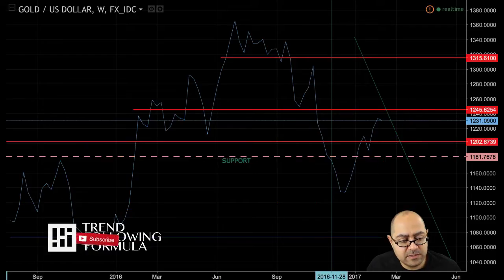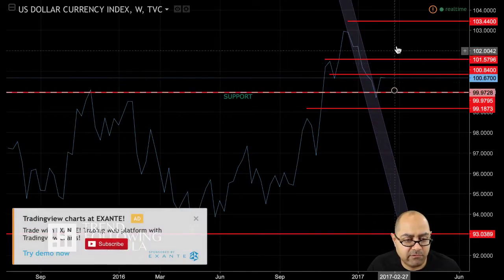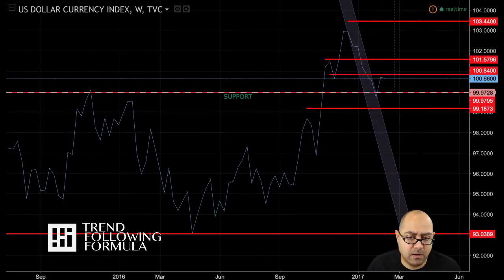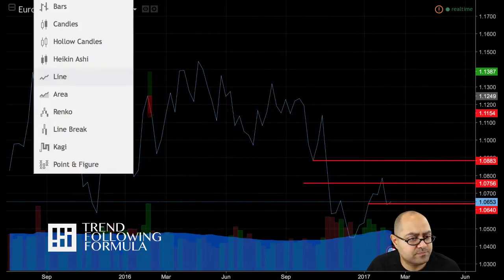If we get to currencies again, the dollar index, as we spoke, is showing an opportunity for a rally. Now there are 3 pieces of evidence for a rally. So what we need to expect is a drop in the EURUSD, the euro dollar.